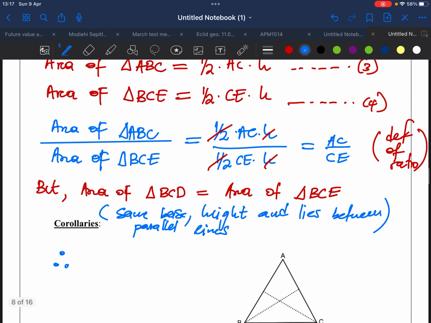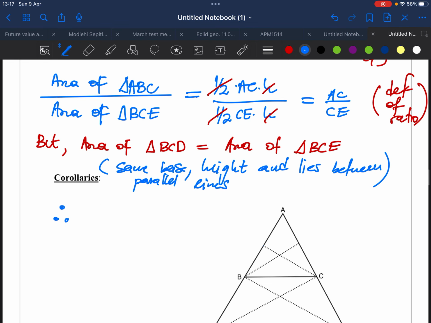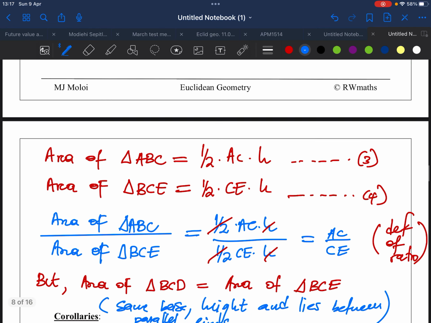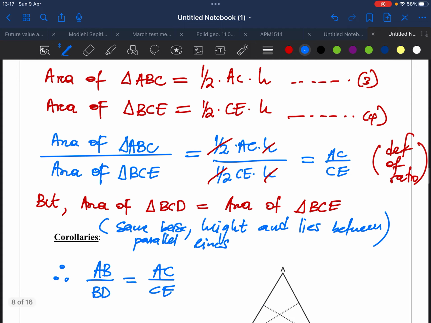Therefore we will say AB over BD is equivalent to AC over CE. Why?